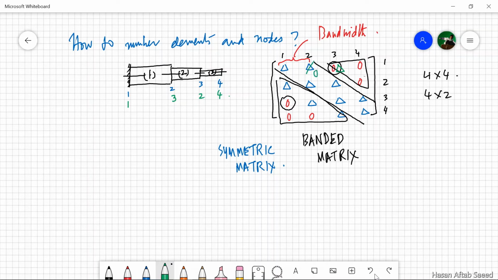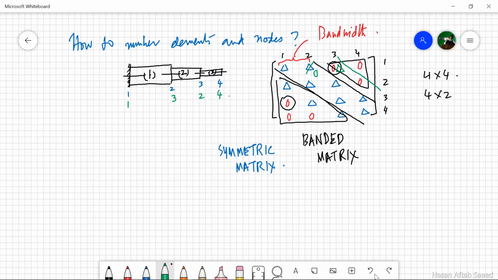This means your non-zero numbers are not concentrated close to the diagonal, but are spread apart. That means your bandwidth for this system, because now you have to include this one also, you cannot put a line like this here. Now you have to include this, and the bandwidth will become 3.